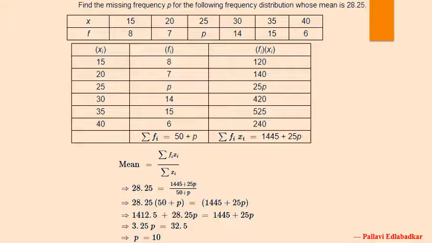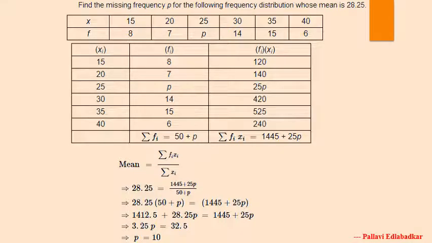Our next step will be to find out the summation of the second column and the third column. The second column will give us the summation of fi, which is equal to 50 plus p. And the summation of the third column will give us the summation of fi xi, which is equal to 1445 plus 25p.